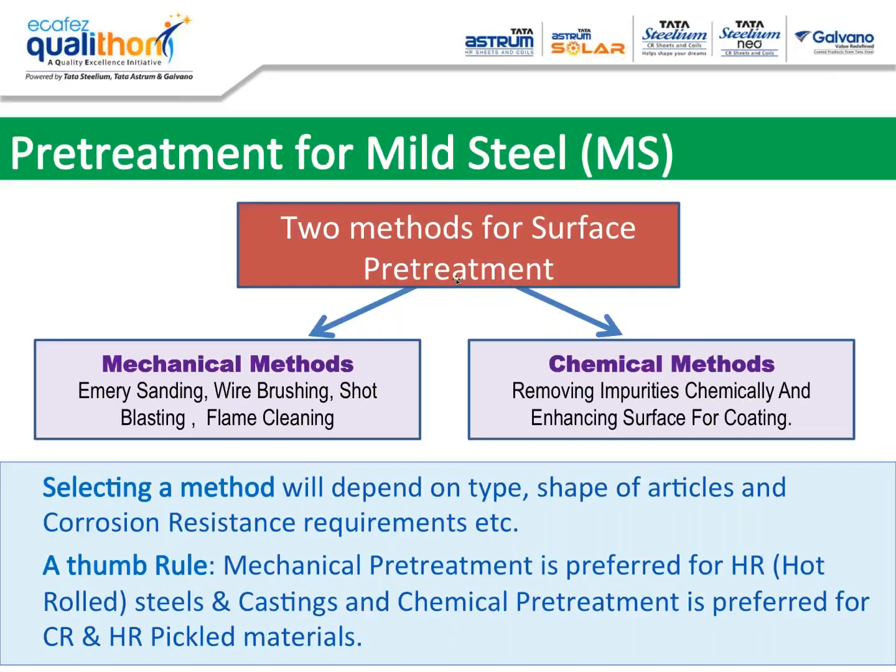Selecting a method will depend on type and shape of article and corrosion resistance requirement, etc. A thumb rule: mechanical pretreatment is preferred for HR, that is hot rolled steels, and castings, and chemical pretreatment is preferred mainly for CR or HR pickled materials.